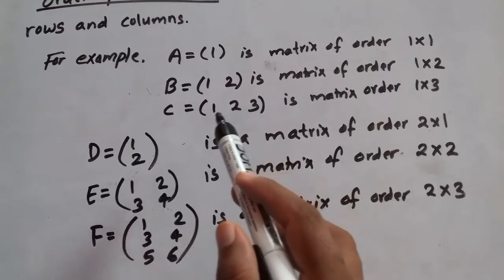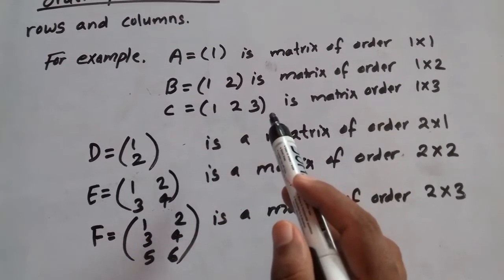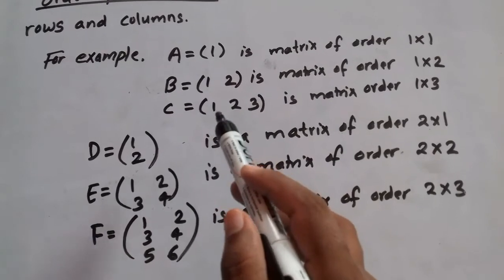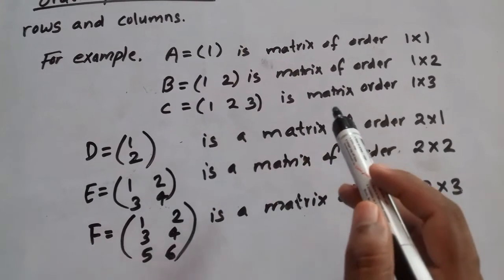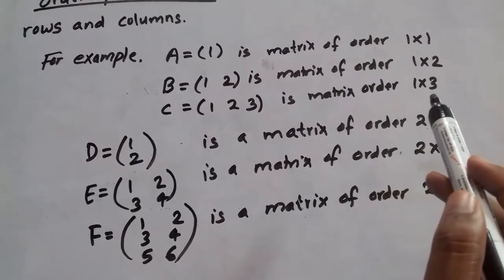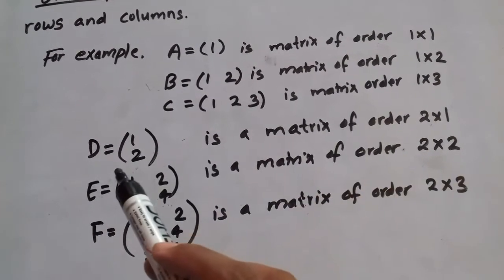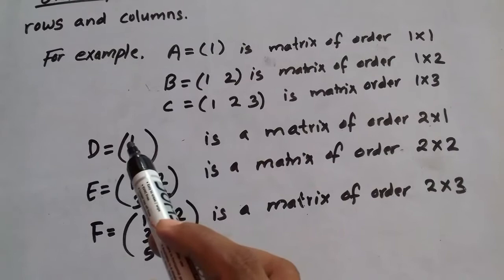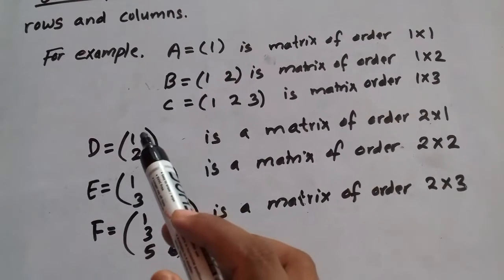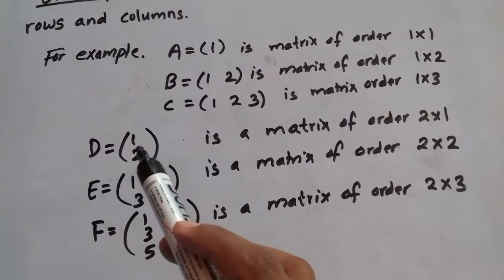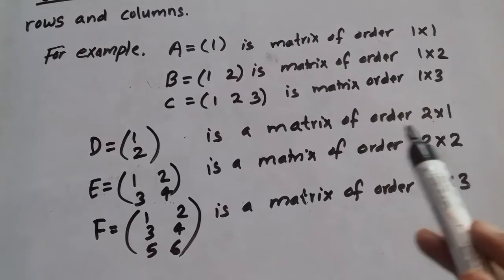In this matrix there are one row and three columns, so the order of the matrix is 1 by 3. 1 represents rows and 3 represents columns. Similarly, in this matrix there are 2 rows and 1 column, so the order is 2 by 1.